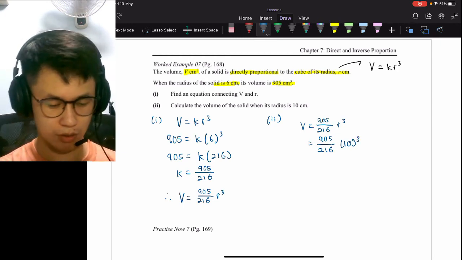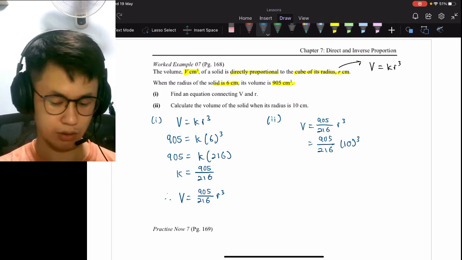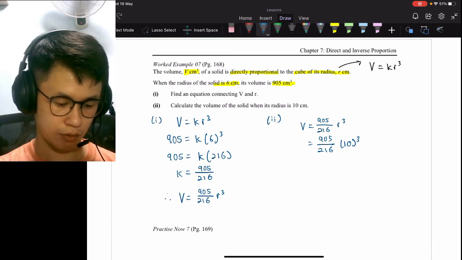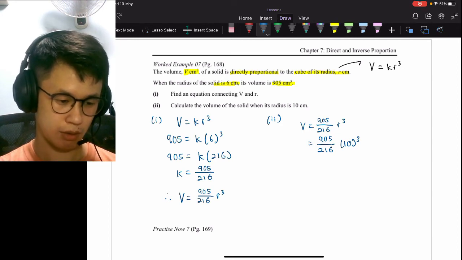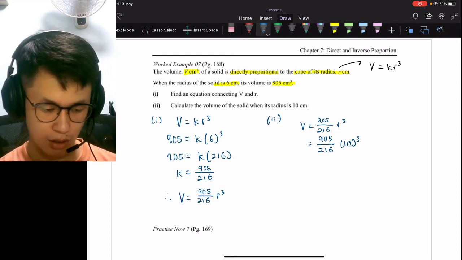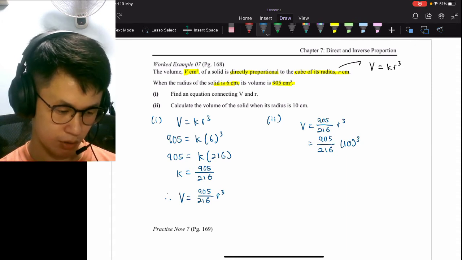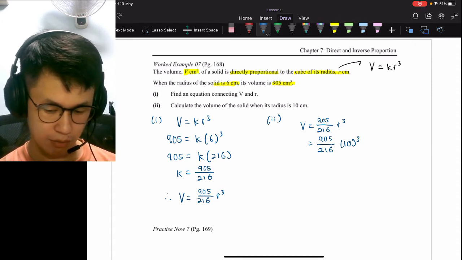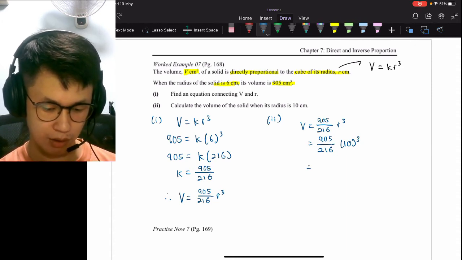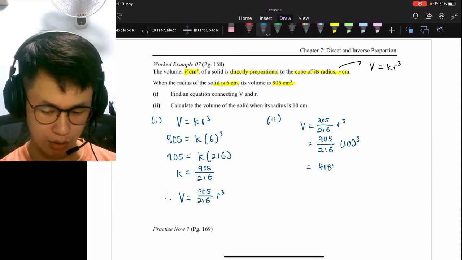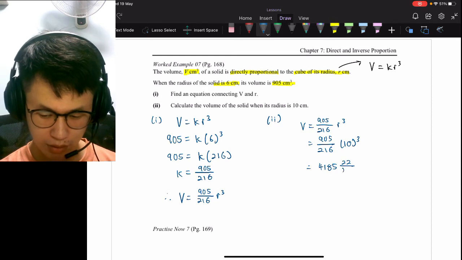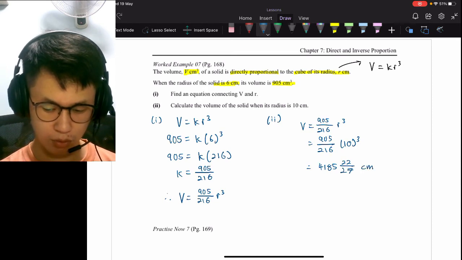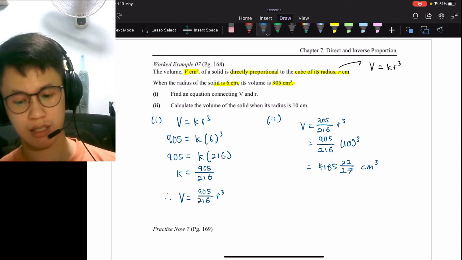Okay, so calculator, handy calculator. 905 times 10 cube divided by 216. You can get a fraction, definitely, but the fraction is going to be a little bit not beautiful, but whatever, let's just do it. You can get this, such that you don't have to round off, it is the exact answer.